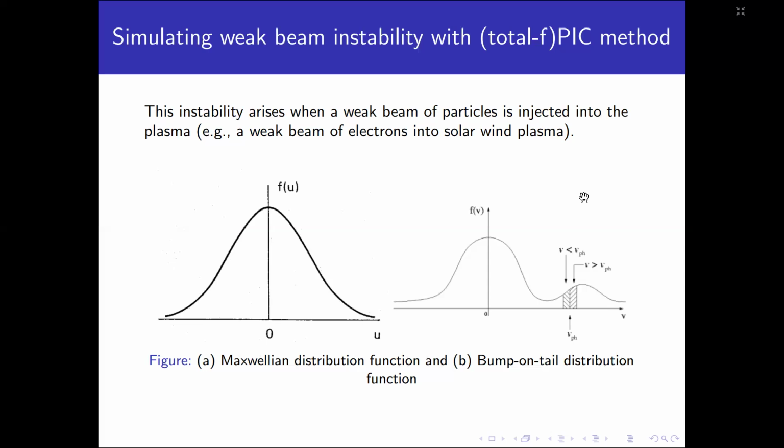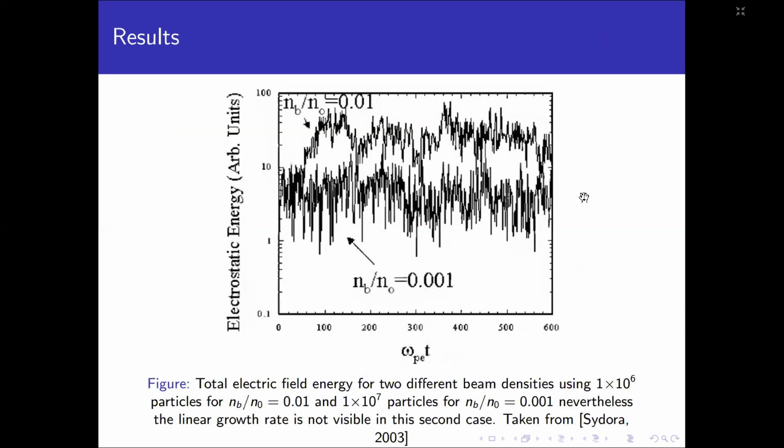So if we want to simulate this problem with particle-in-cell, we will obtain results like this. For example, here in this figure we have two cases. Here we have this normalized beam density, which is around this value. And you can see that we can briefly see the linear growth rate of the instability, right?